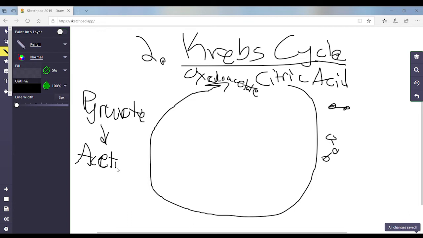If these names are overwhelming you, don't worry about it. They're not that important to understanding, but just follow me right now. Pyruvate is converted into acetyl-CoA, and acetyl-CoA is going to be used on oxaloacetate to convert it into citric acid. Then the cycle can continue going on and on, with the help of glycolysis, which produces the pyruvate needed.